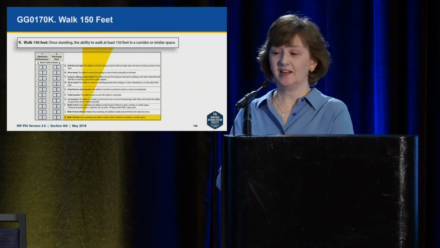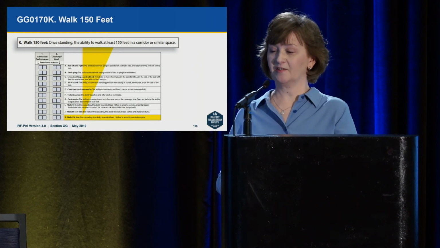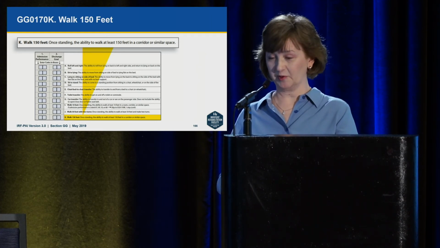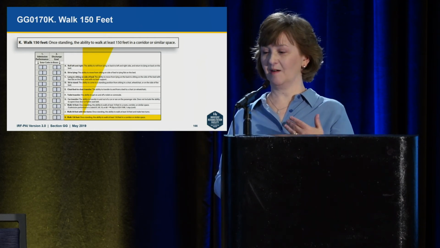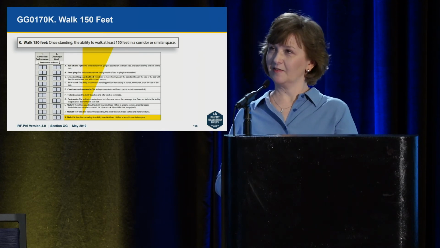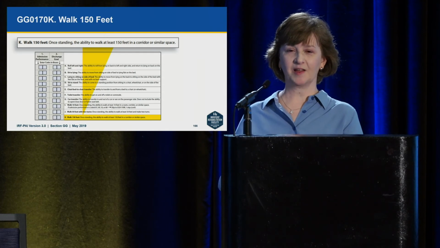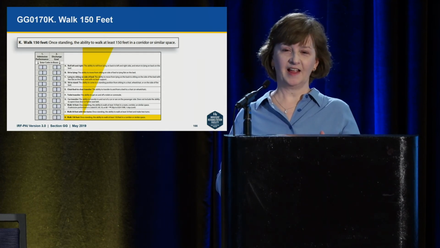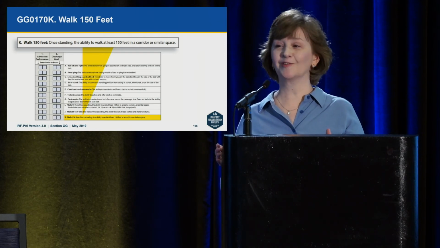The next activity is walk 150 feet. So this refers to walking 150 feet in a corridor or similar space. Again, it starts when the person is in an upright standing position. By the way, I will mention some questions that we often get on help desk about walking and whether somebody has to complete the entire distance. And the answer is yes.